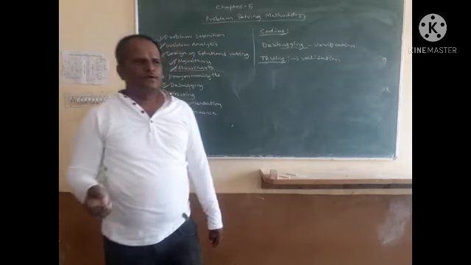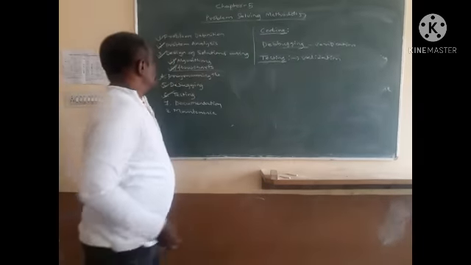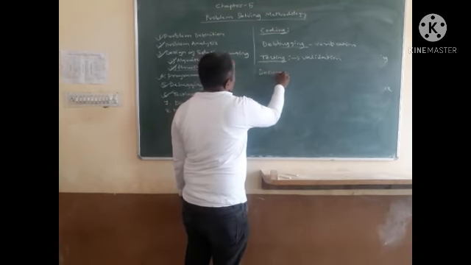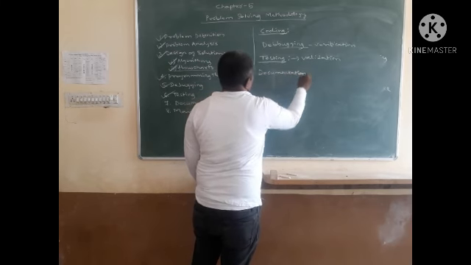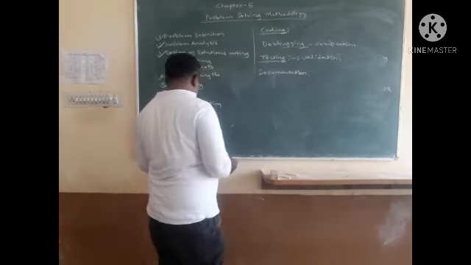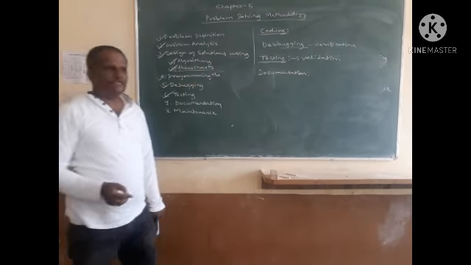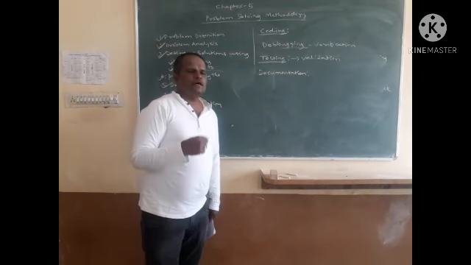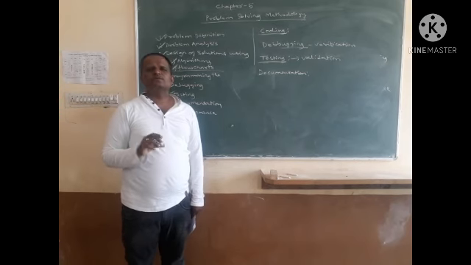Then we have the process which we call documentation. So in documentation we have to write the text and comments on a particular program so that others other than the programmer can easily understand the program.